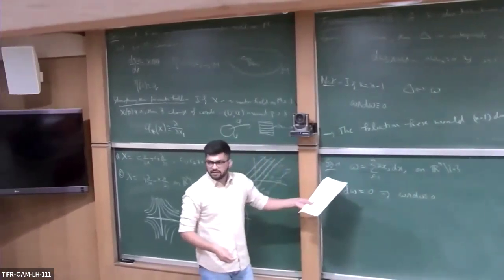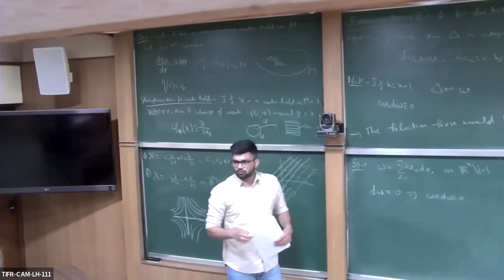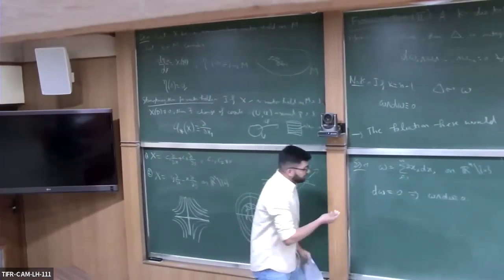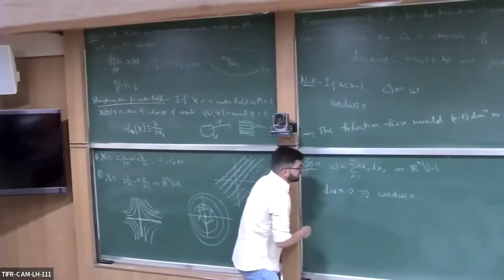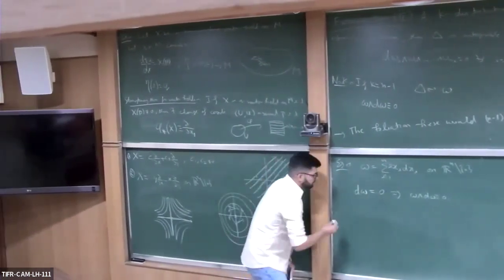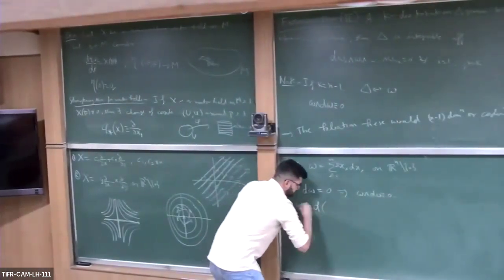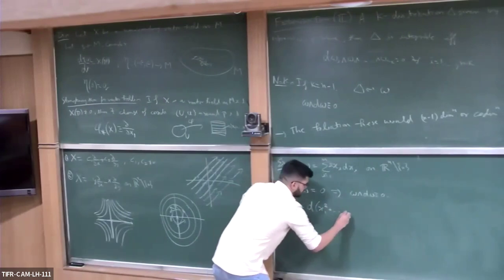Our condition is satisfied for the Frobenius criterion. So there is an n minus 1 dimensional foliation corresponding to this. Now we can find this explicitly because not only is omega closed, but omega is exact. We can write omega to be d of the sum of x_i squared, divided by 2.